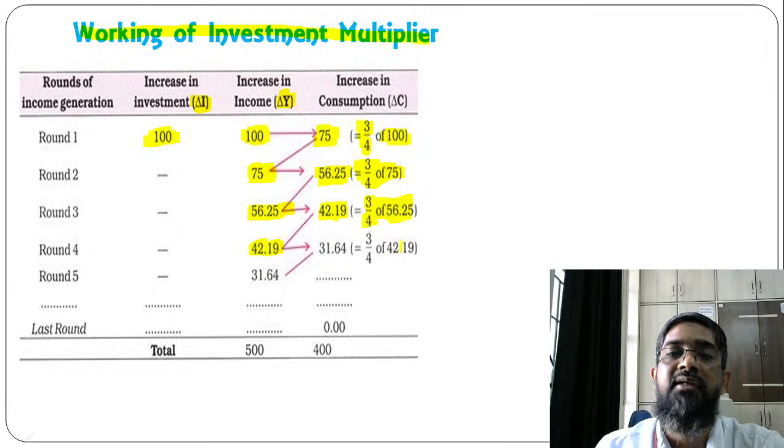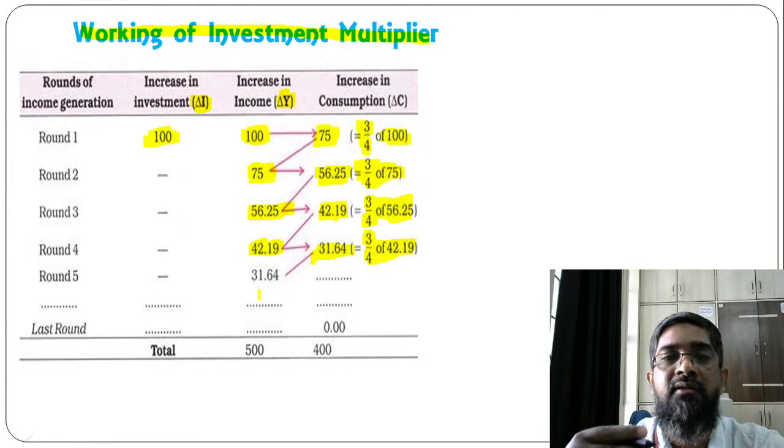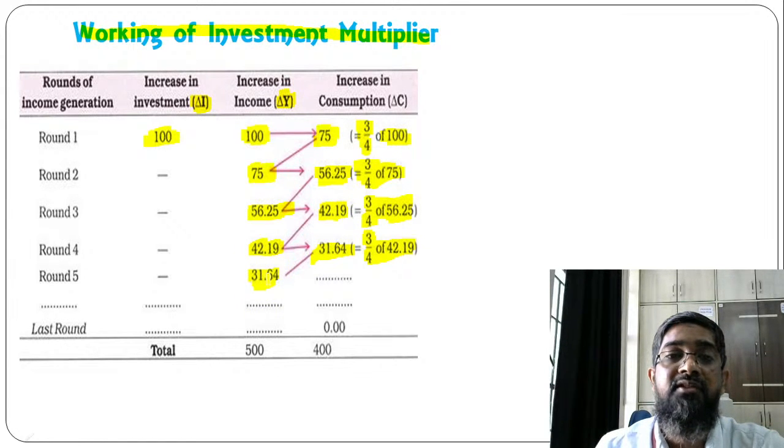Now again you take 0.75 or 75%, 3 by 4 means 0.75 or 75%. So this process will keep on going continuously, will increase in the subsequent periods, right? 31.64, right? This much increase will be there.